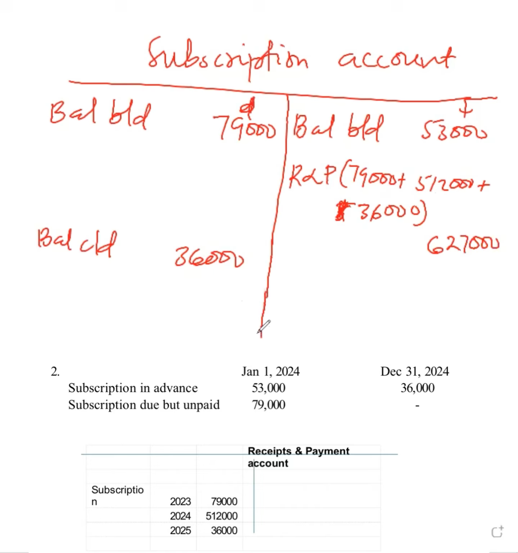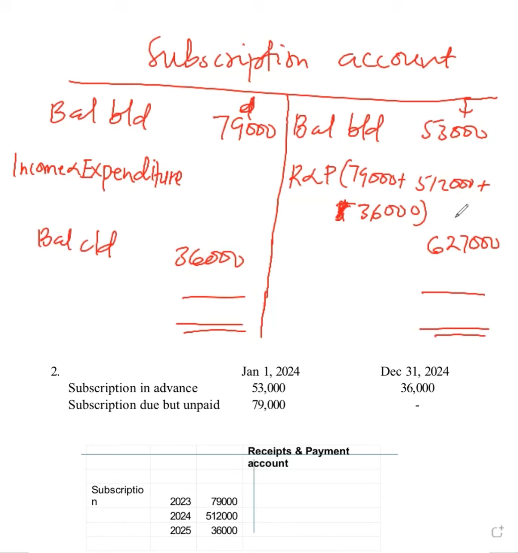So when we are done with this, then we balance it. When you balance it, the difference will come to the debit side, and that is the amount that will go to the income and expenditure as your subscription. So when we balance this, we have our total here. That is the credit side.